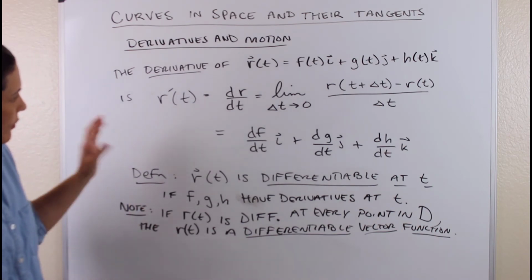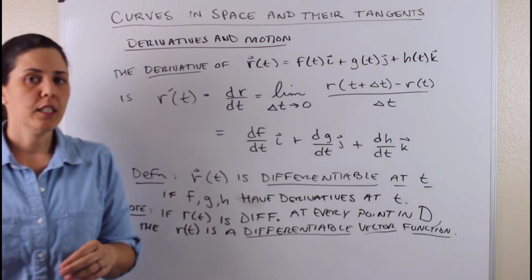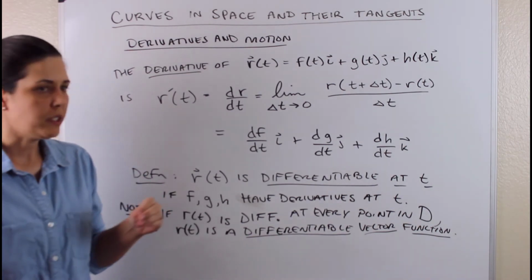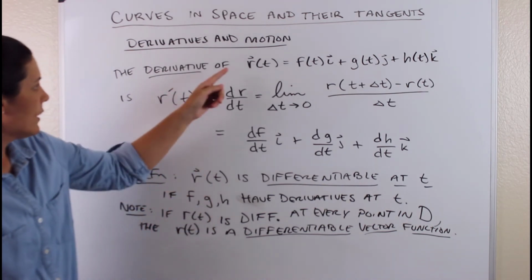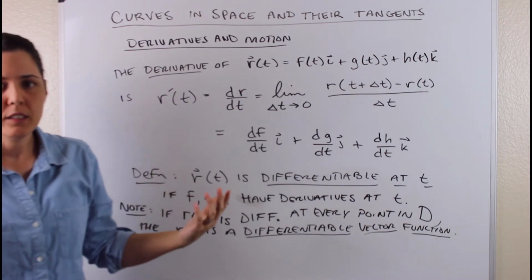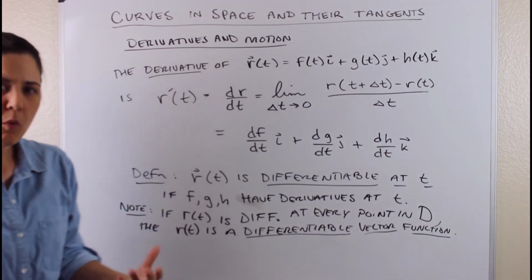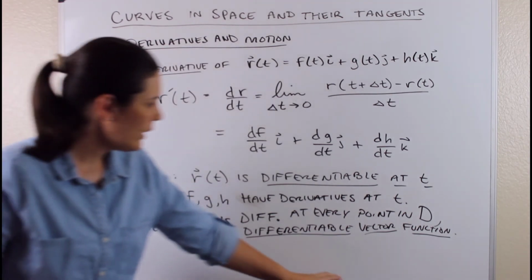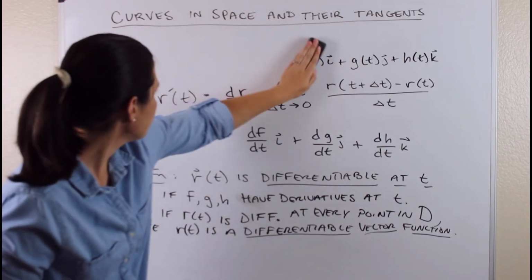Now, let me give you some facts, because what we are actually interested in here is how this function might represent a particle moving in space. And so what does the derivative tell us in maybe a more application kind of way? So let me give you some notes about that.